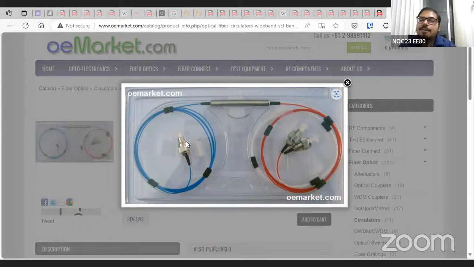But they're not meant to be connected and disconnected again and again. So these connectors last longer.